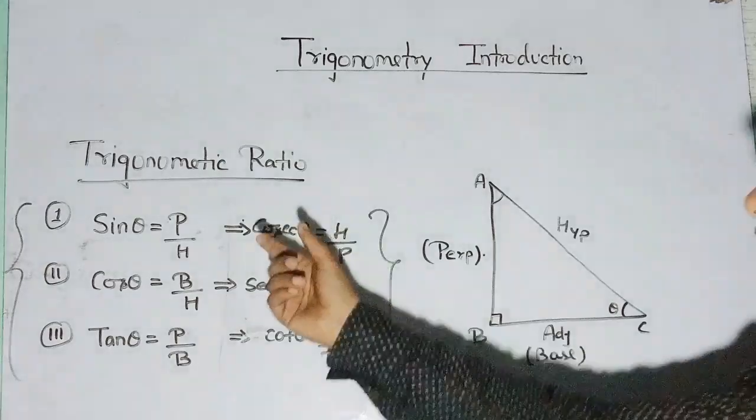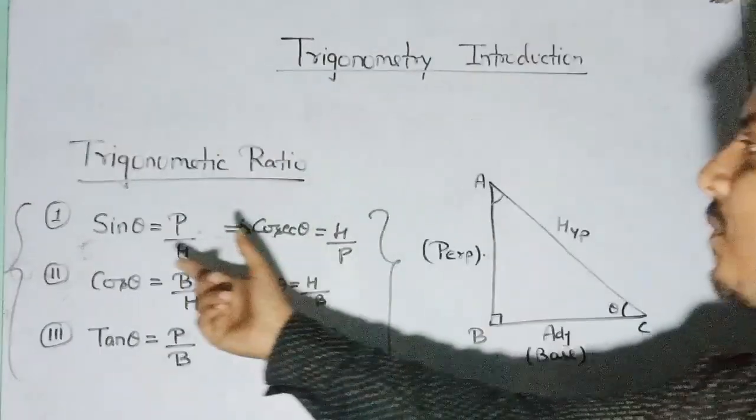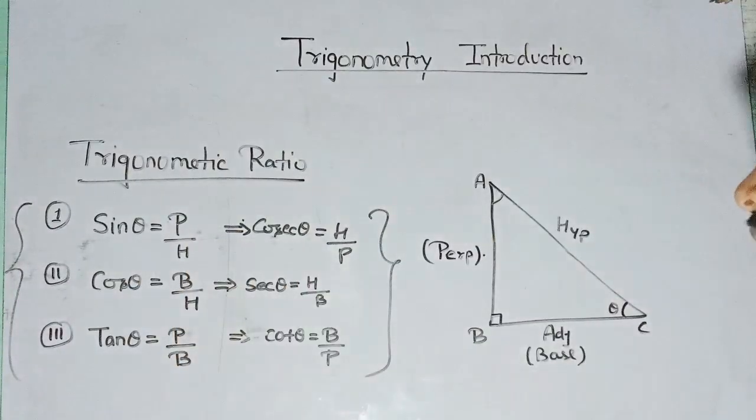Okay, so these 6 ratios are known as trigonometric ratios.